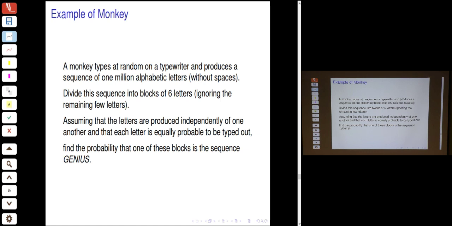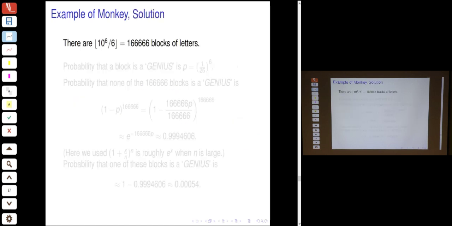We don't consider the case where genius appears starting at some other position. We just chop into pieces and look at each piece. So this is the problem. Now let's look at the solution.